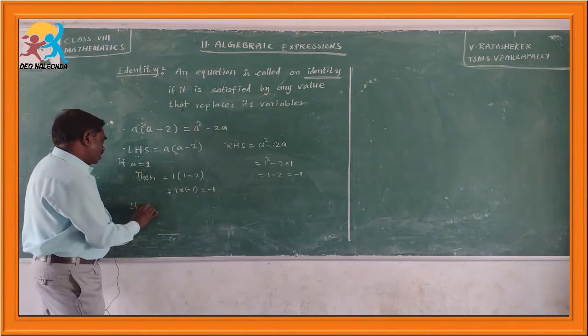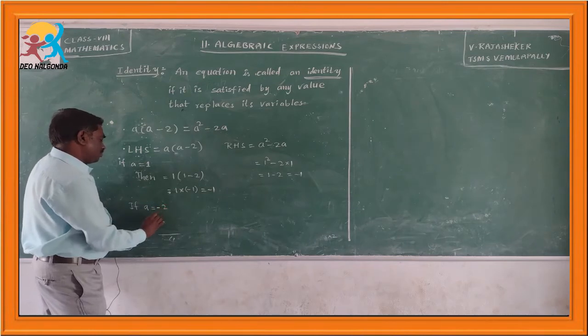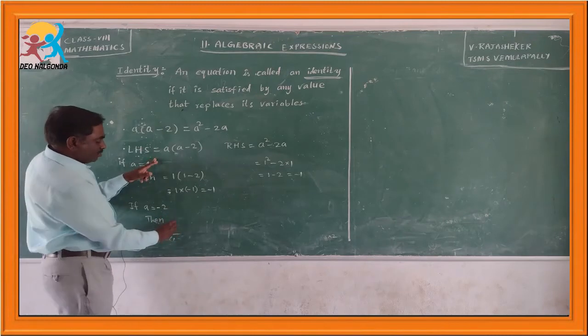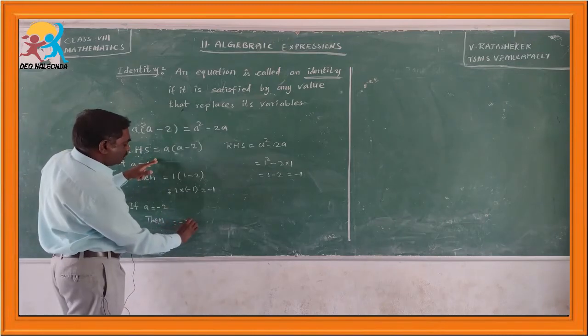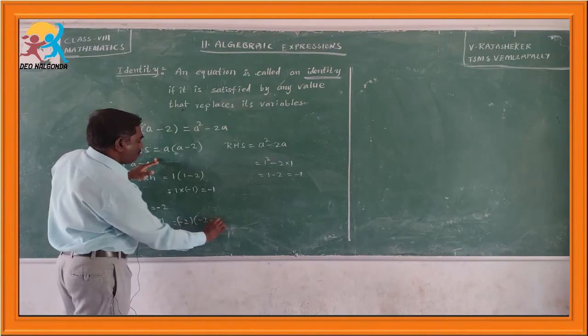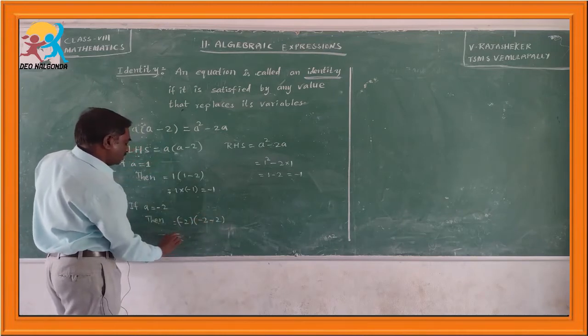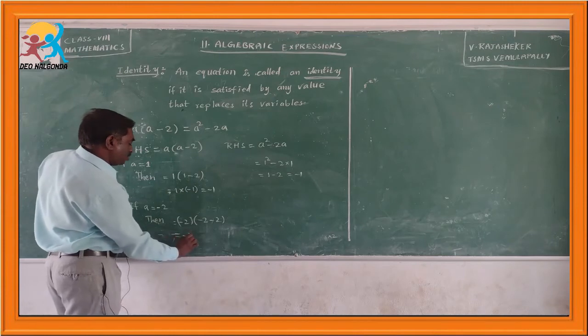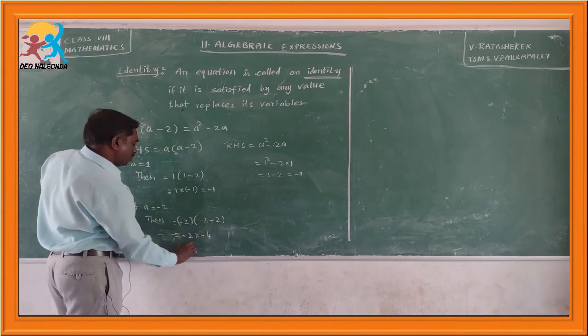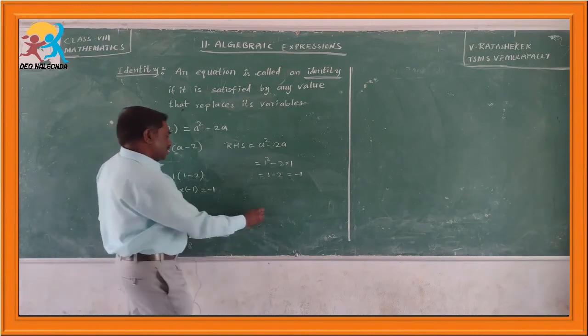If a is equal to minus 2, then LHS is equal to minus 2 into minus 2 minus 2, that is equal to minus 2 into minus 4, which is equal to plus 8.